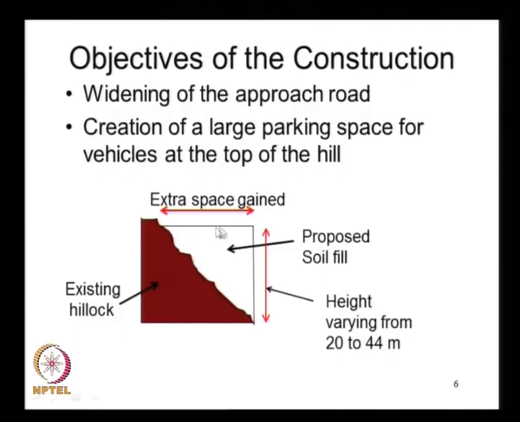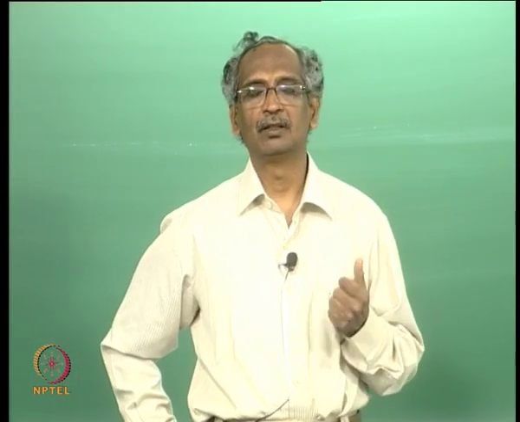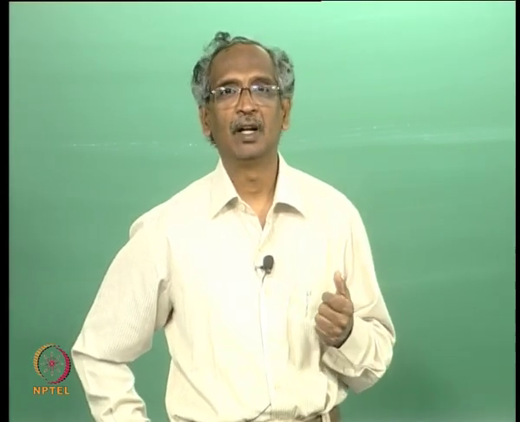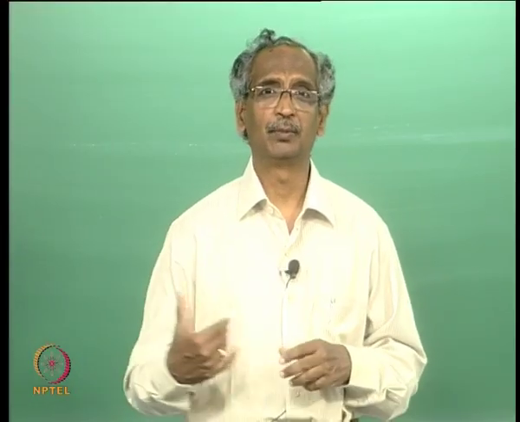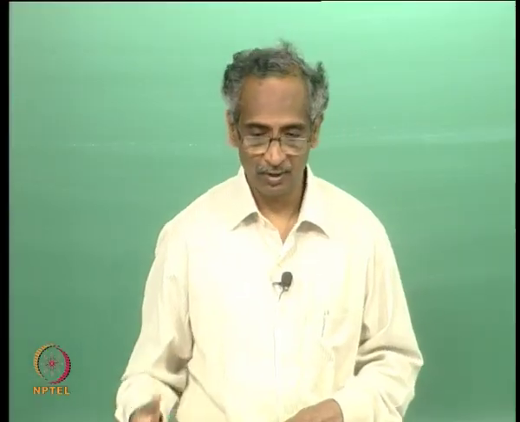and that space we will get only if we fill this area with some material, and invariably that material happens to be the soil, because the soil is plentifully available, and it is relatively inexpensive compared to other construction materials like reinforced concrete and so on.